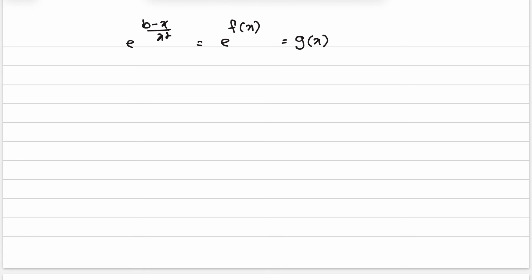Then ultimately we have to find the derivative of this, the left hand side.